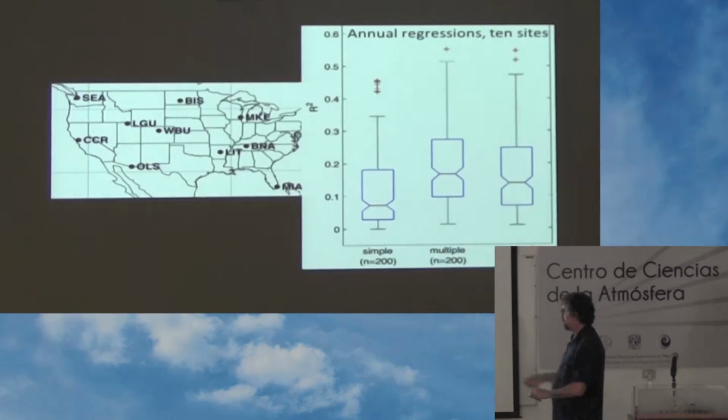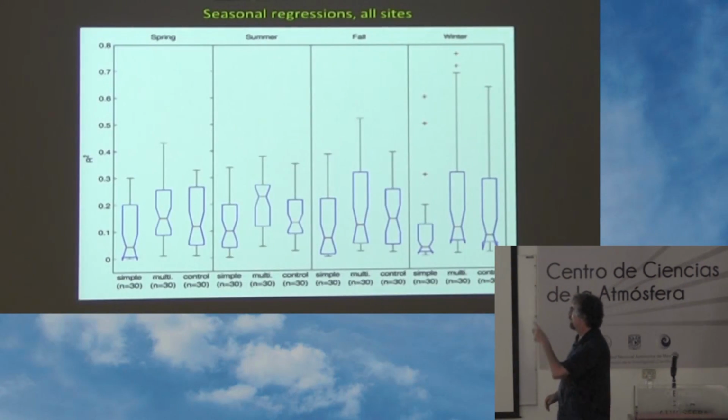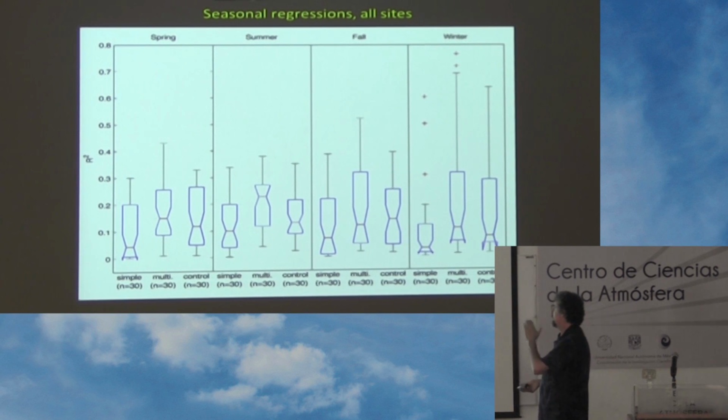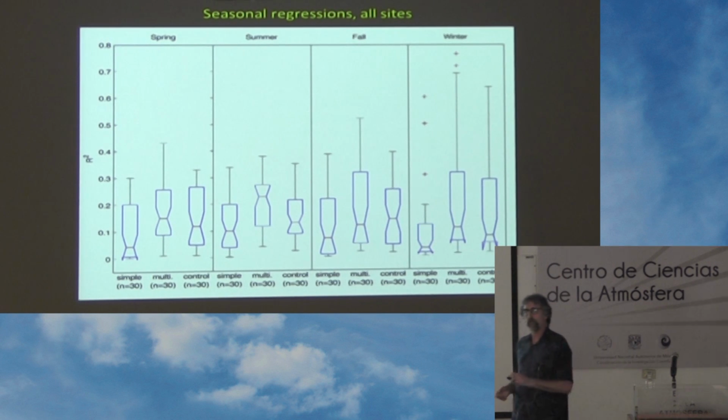So these results were for all year. So here we have results by season. And we see the model performance in every season, you have the simple model, the new model, and the control. We see that the results are different in different seasons.